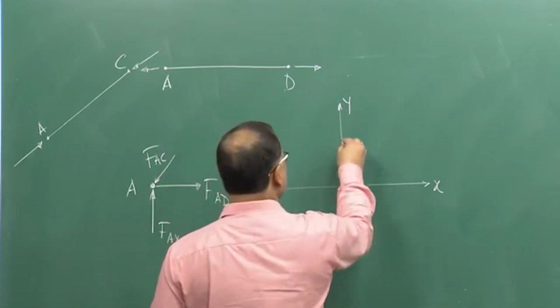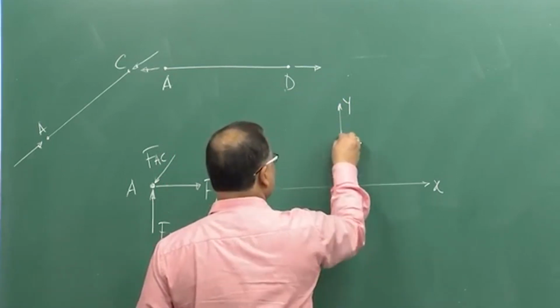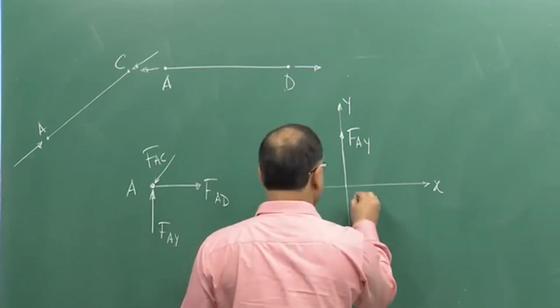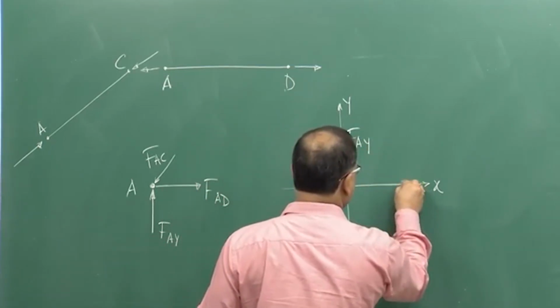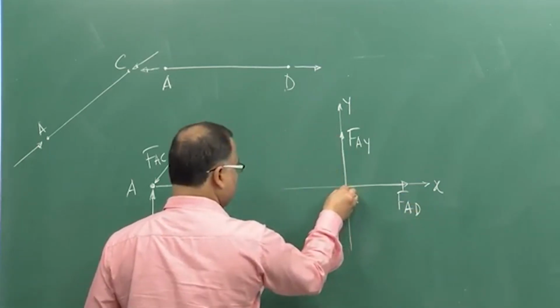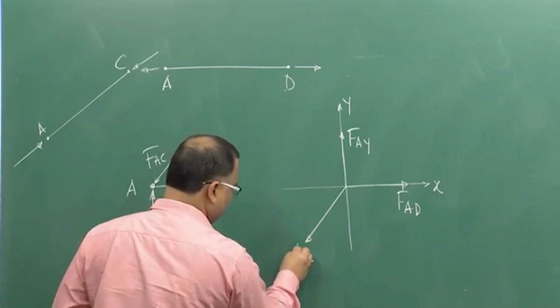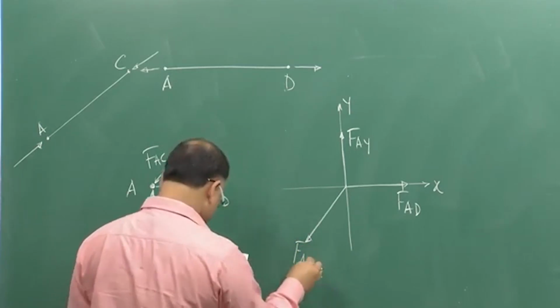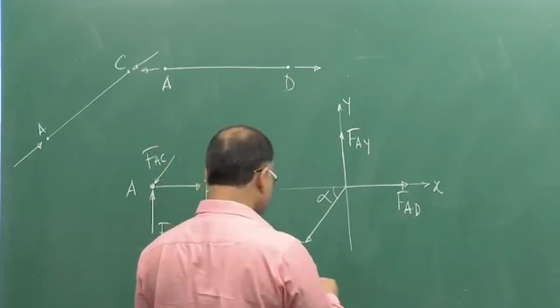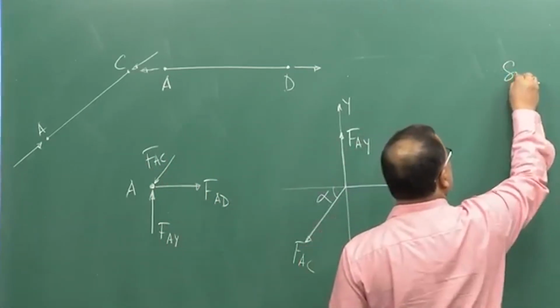I can simply show this is my FAY, this is my FAD, and this is my FAC, and this angle is alpha, which can be obtained from the geometry.